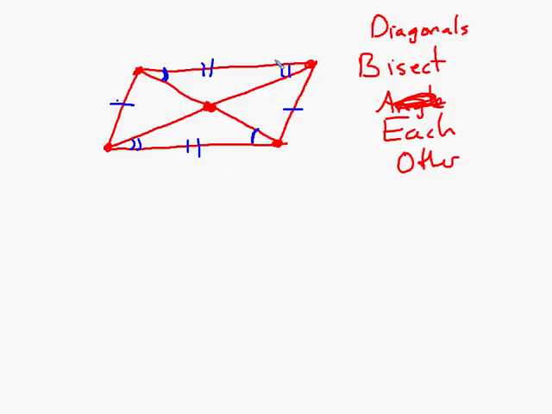So these two triangles are congruent by angle side angle. Well, that means their corresponding parts are congruent. So this is congruent to this, bisected. This is congruent to this, bisected. So proof by listening to me that those diagonals bisect each other.